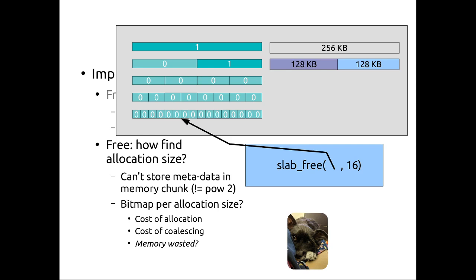Now, this is wasting some memory. It's not wasting the memory that we used to waste for headers, but we now have a bitmap that is actually taking up memory. So how much memory is this bitmap itself wasting? Think about it for a second, try to come up with an answer, pause the video, come back, and we can talk about it.